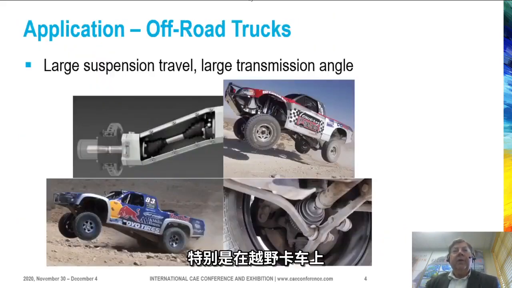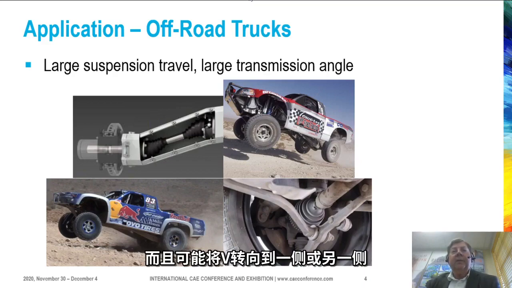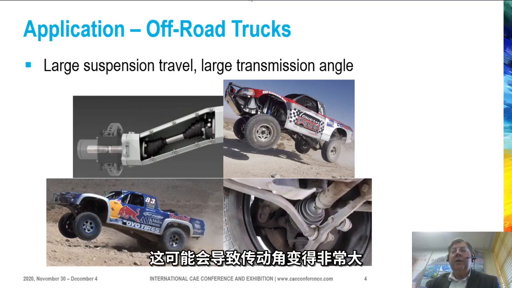In particular, with off-road trucks, the suspensions have a very high rate or amount of travel, and with the combination of the large travel and possibly having the steering be to one side or the other, that may result in a very high transmission angle.